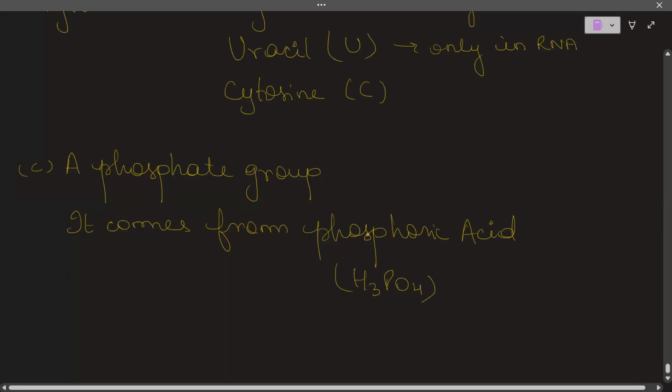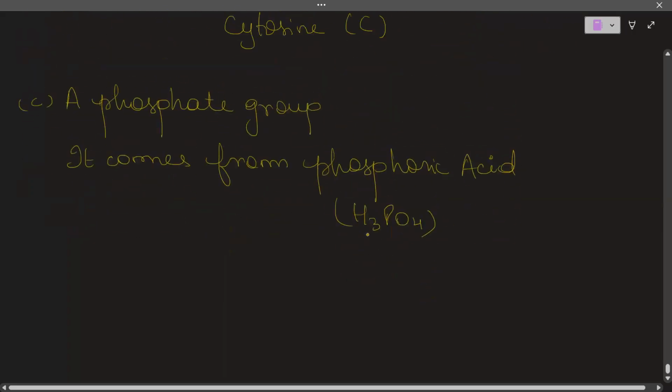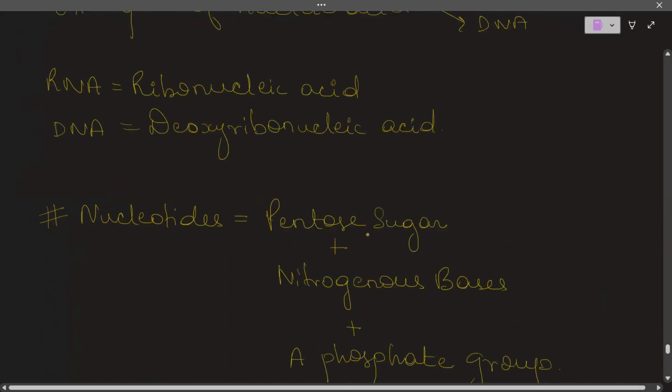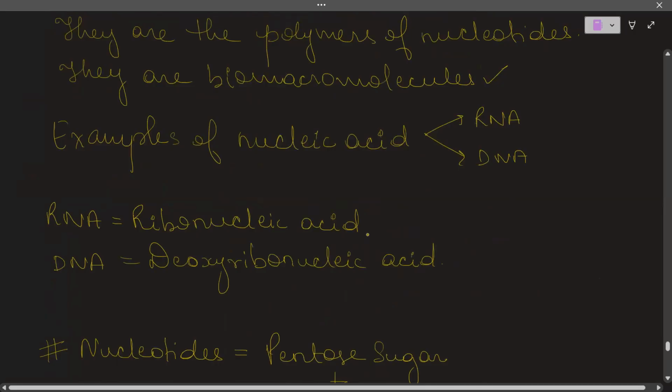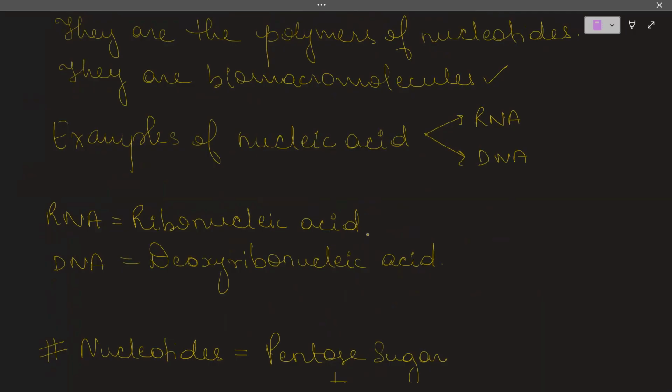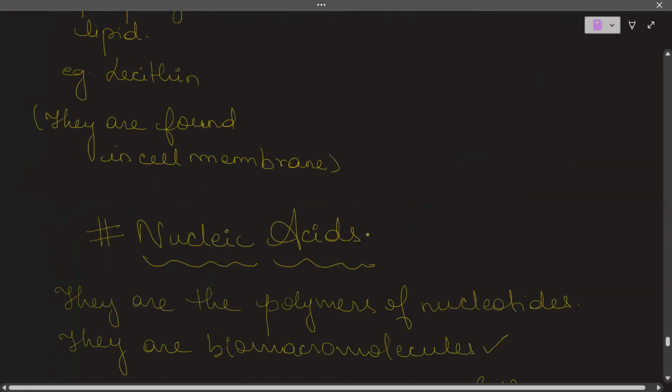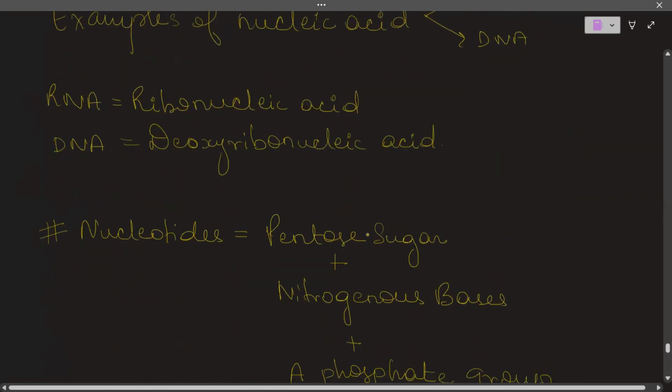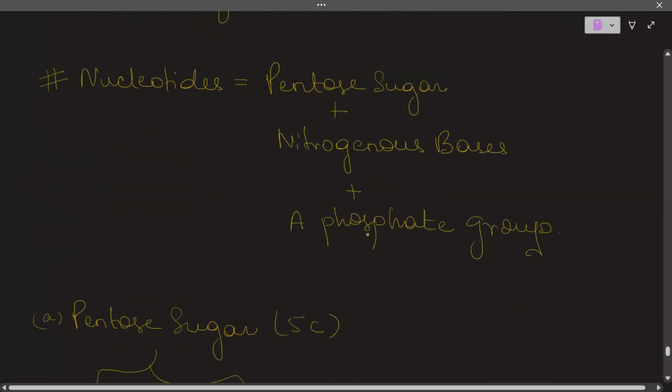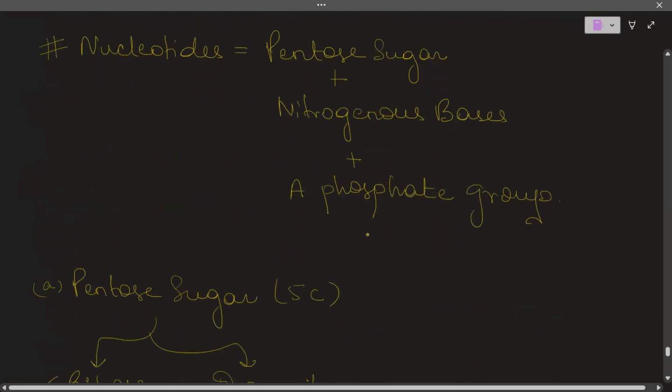H3PO4. Okay. So the components of a nucleotide are clear to you all? Yes, ma'am. So if I say a nucleotide, that means pentose sugar plus nitrogenous base plus phosphate group, isn't it? Yes, ma'am. Okay.